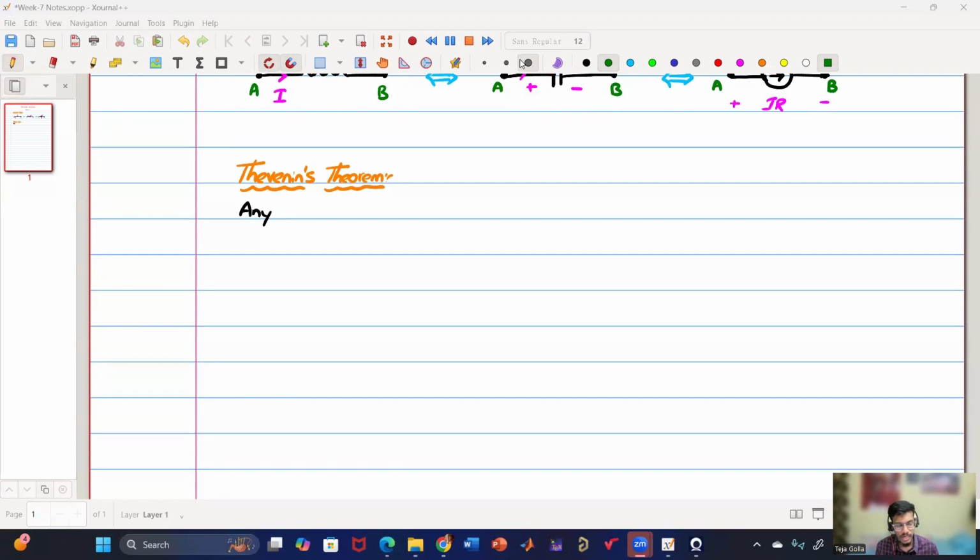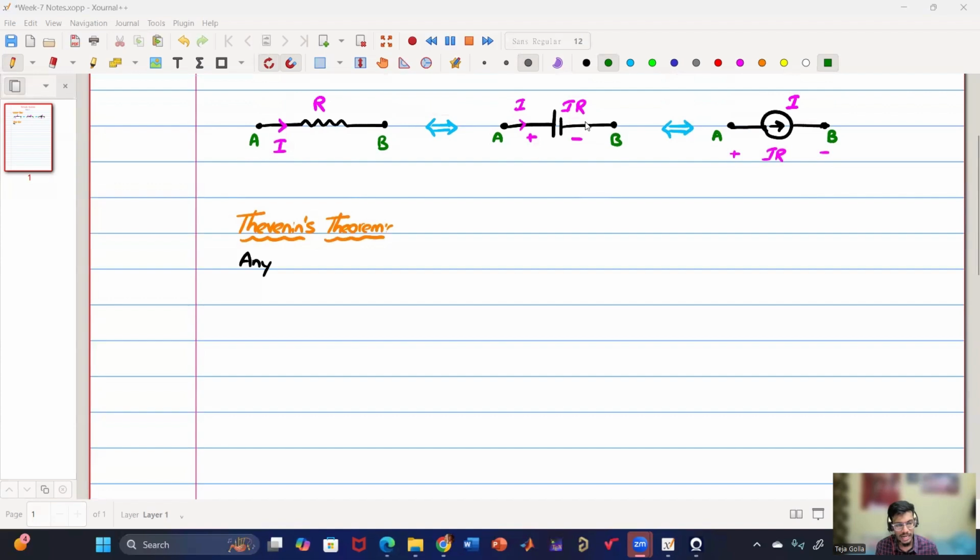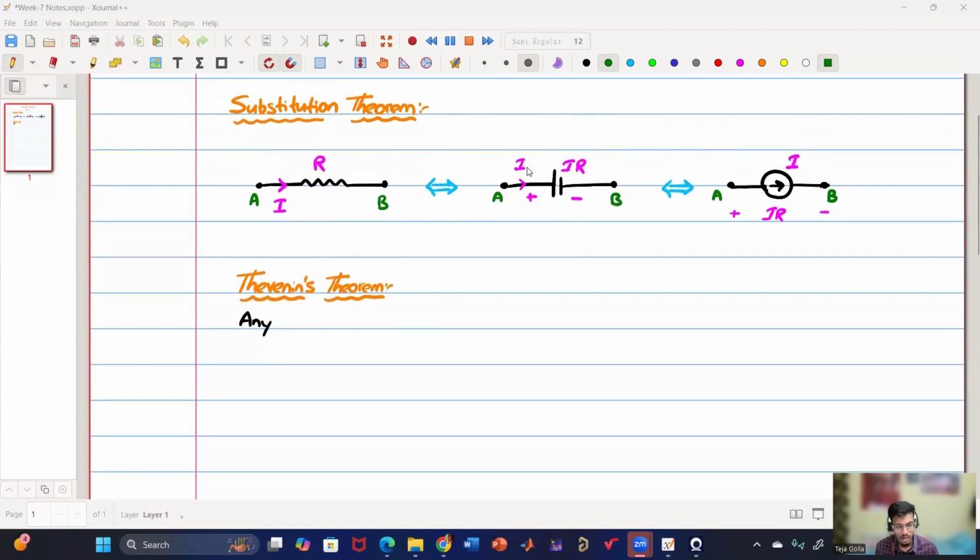Sir, source with internal resistance R, sir. Yes. So if you have a source with internal resistance R, then it cannot be represented by this, because here we are considering a source without internal resistance. If you consider a source with an internal resistance, then the entire value will be I capital R plus I into small r because of that resistance, and then the KVL will be violated.